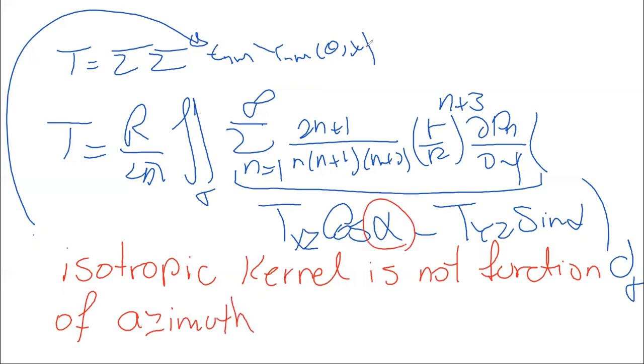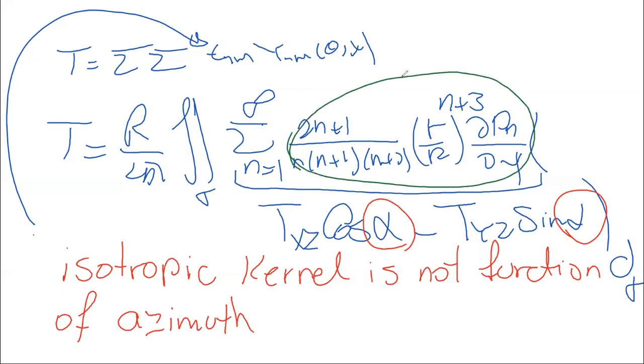Since we have alpha here, this is azimuth. Therefore, this kernel is not isotropic. It is a function of azimuth. But this part of the kernel is isotropic.